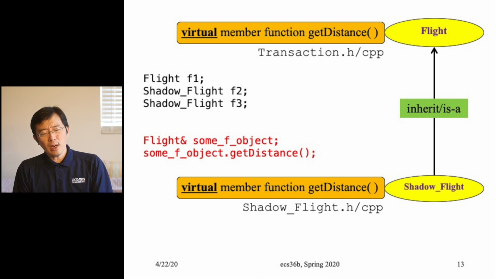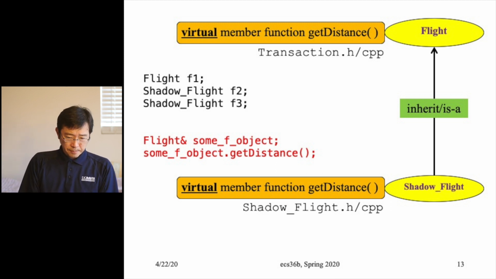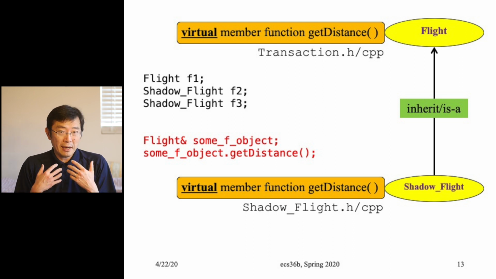And the same question we have, because this is a virtual function, then we need to decide the following. Assume that at some point in your code, you have some kind of object, I call it some F object, which has a reference type right now as a flight. By the way, when I say it has a reference type right now, it doesn't mean it was created exactly as this type. It's just that when I see it, the reference is a flight.